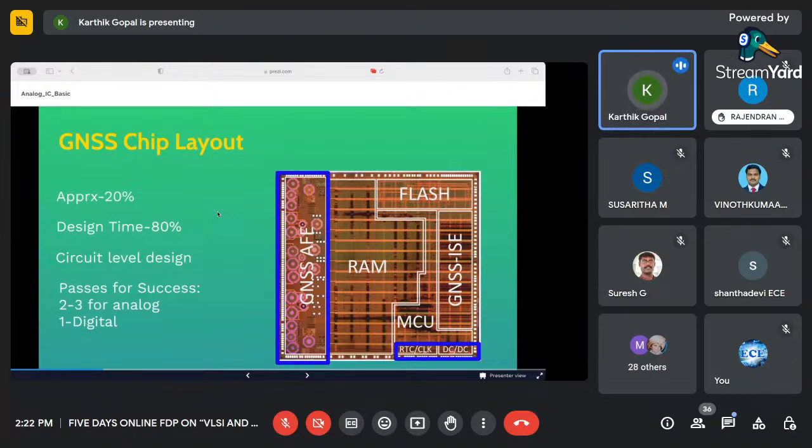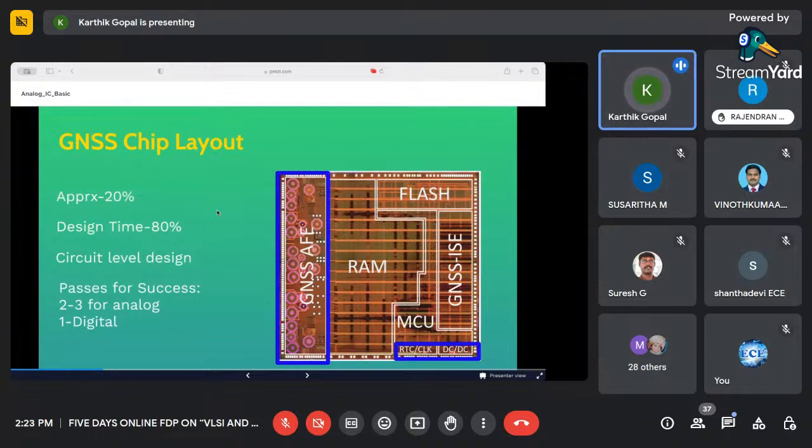The reason is there are many factors we may not be able to think of, which are beyond our imagination. If these two inductors are placed together, or placed a little bit further apart, we need to understand all these kinds of effects. Nowadays software is available which can tell the effect of the placement of the inductors, but still it takes 2 to 3 passes for the analog to work. That is the complexity analog has.